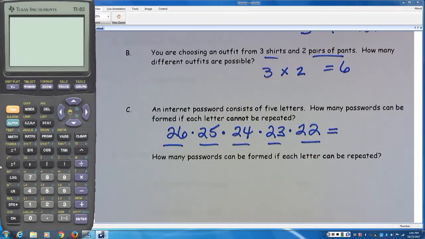And when you multiply that out, the answer's kind of surprising. Oops, one too many.